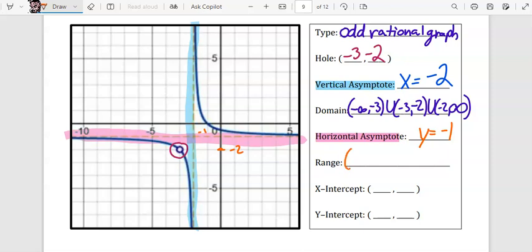So in interval notation, it would look like this: negative infinity to -2, union -2 to -1, union -1 to infinity. The x-intercept is right here at -1, 0. And then the y-intercept is right here. Looks like it's about 0, -1/2.